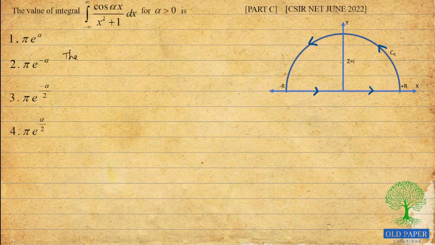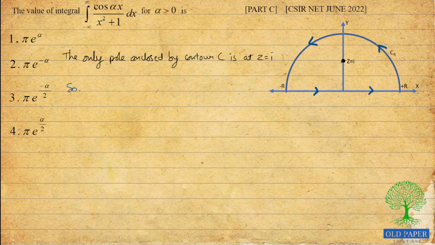The only pole enclosed by contour C is at z is equal to i. As we can see here in this diagram, the pole at z is equal to i is the only pole enclosed by contour C.